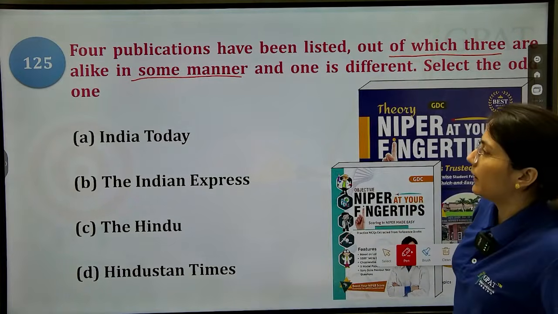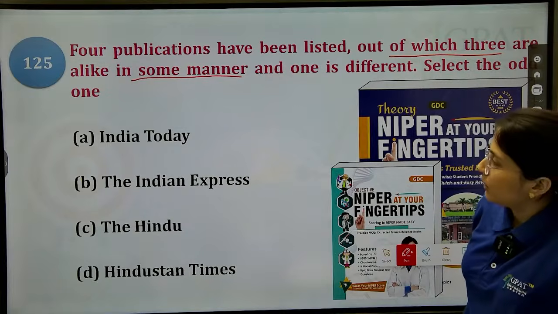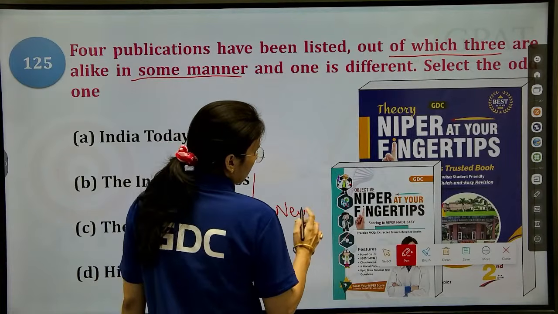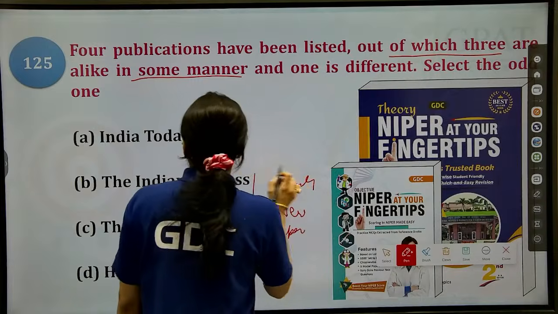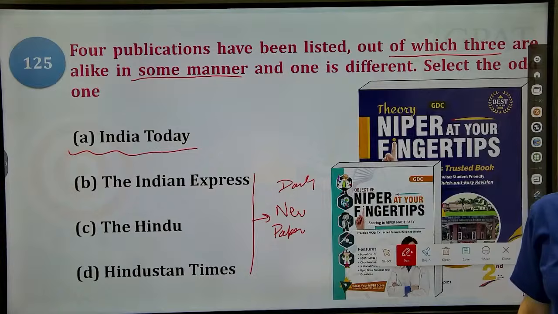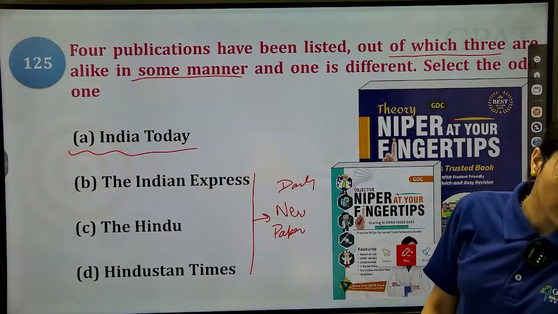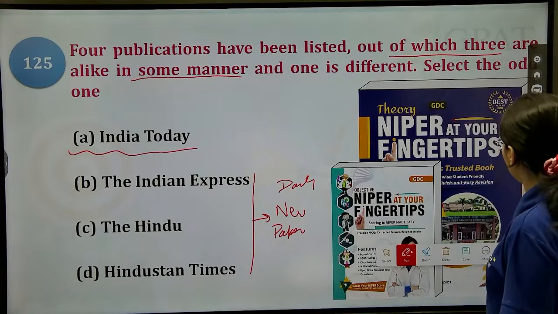If you can see, all 3 are daily newspapers. But India Today is a news magazine, and also a TV channel. Okay, very good.